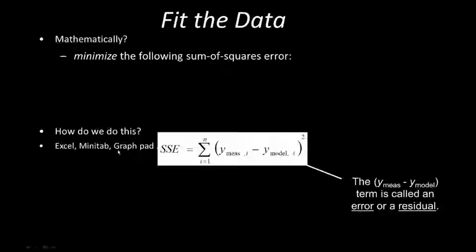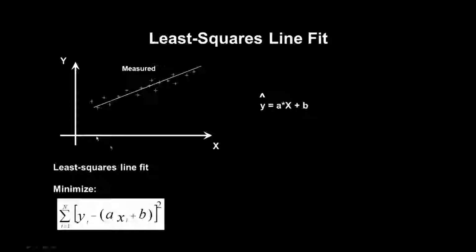There are a lot of softwares which can do that. When you are doing a one parameter model or one descriptor model, you have Y. I put a hat because it's called prediction. Normally we put a hat. Y is equal to Ax plus B. X is your descriptor, log P or molecular volume or molecular weight or dipole moment, whatever it is. You are trying to get a least square line fit.